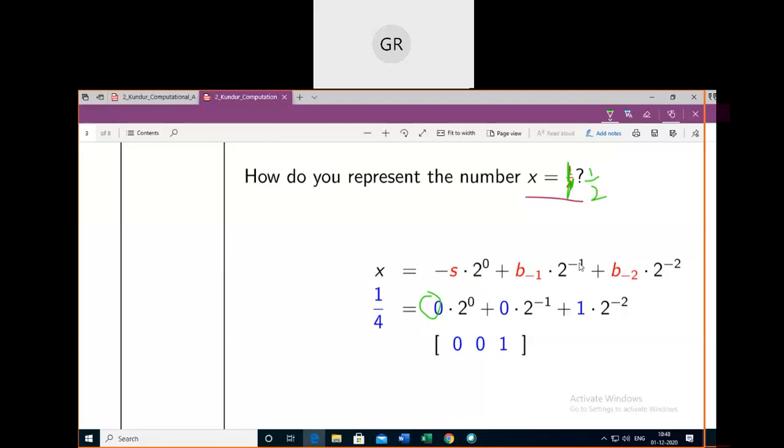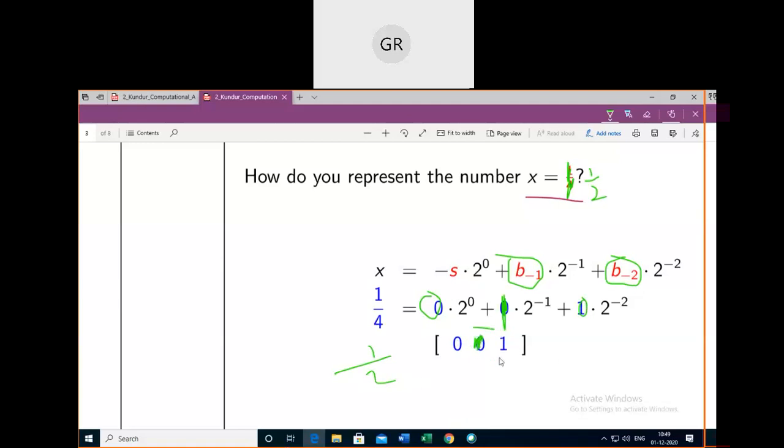If you want to get 1 divided by 2, I will make b of minus 1 as 1, and the remaining values are 0. That's why 1 divided by 2 is equal to 0 1.